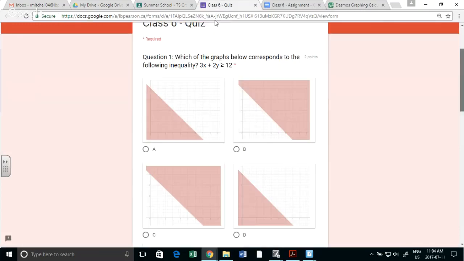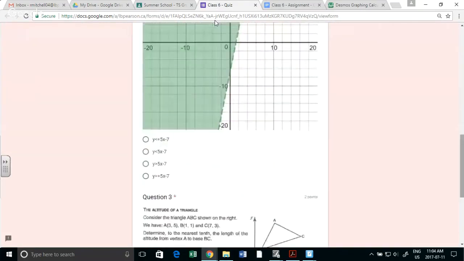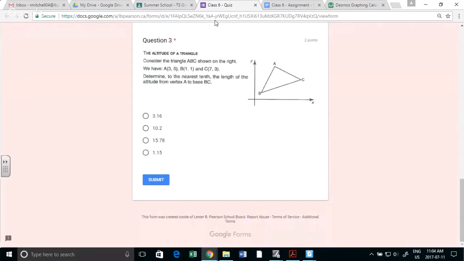This was the other question that was asked. This is the exact same question. An altitude is a perpendicular distance. It's a line that is perpendicular to the base.